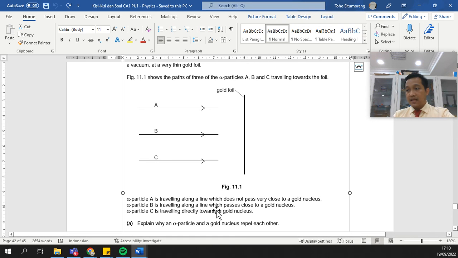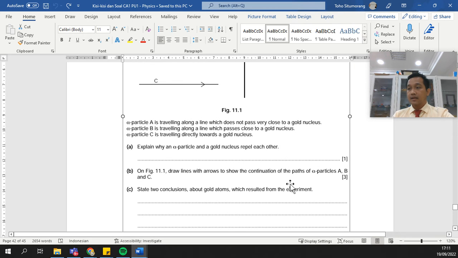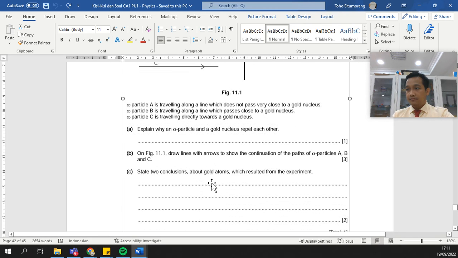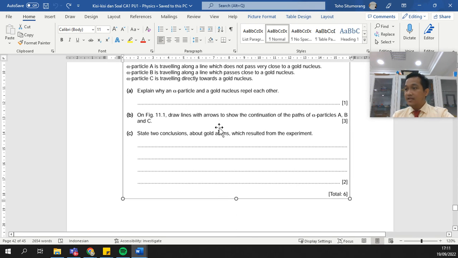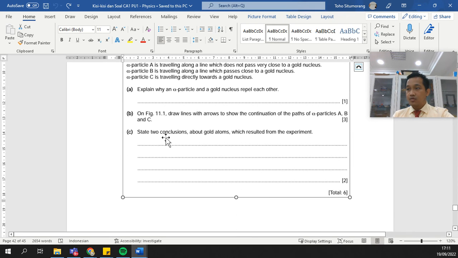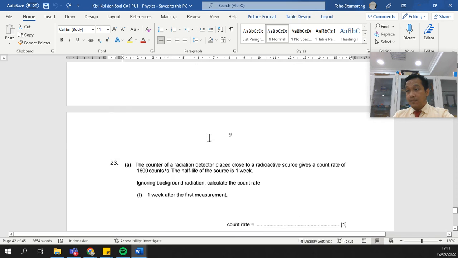And C is traveling directly towards the gold nucleus, it will be bounced back. Explain why alpha particle and gold nucleus repel each other. Of course, they have the same charge. And state two conclusions about the gold atom. You can choose among the three. The white space between the nuclei, the nucleus contains positive charge, or you can say the nucleus is very dense.